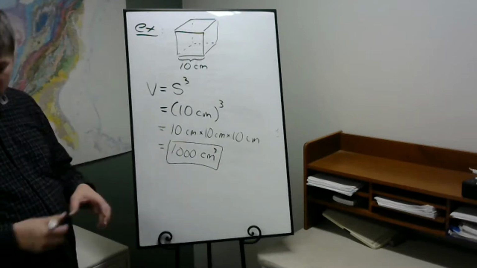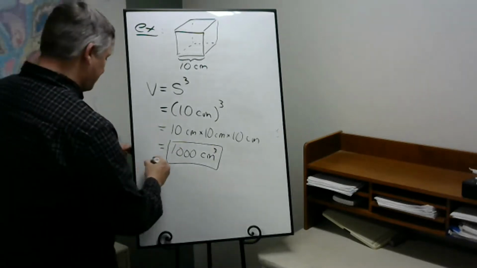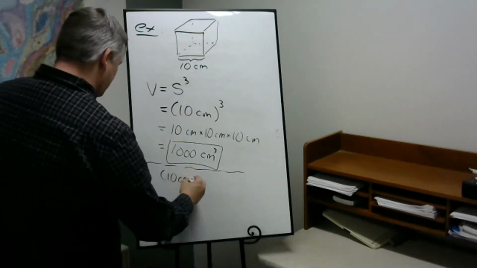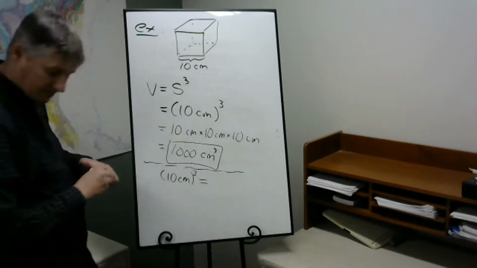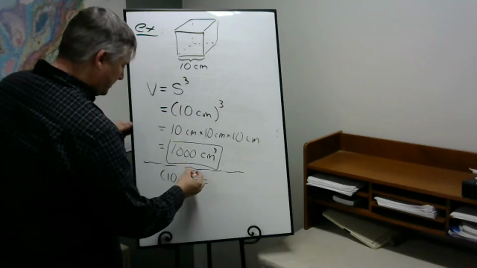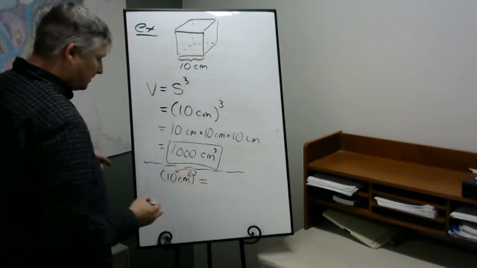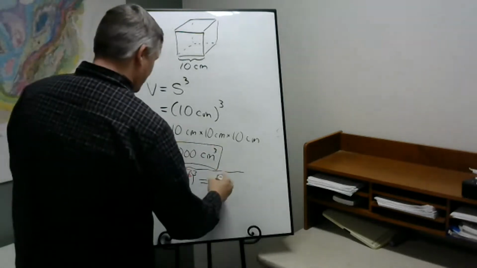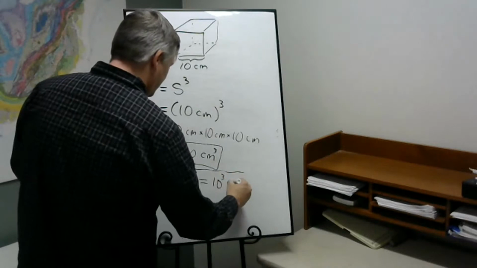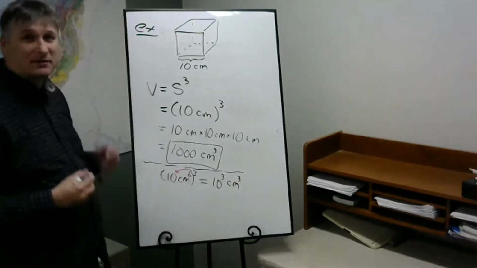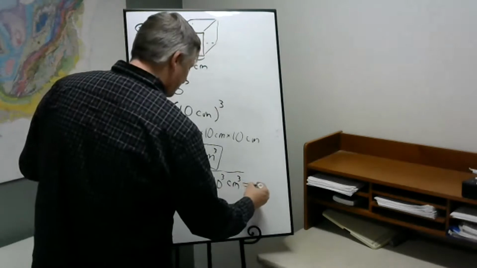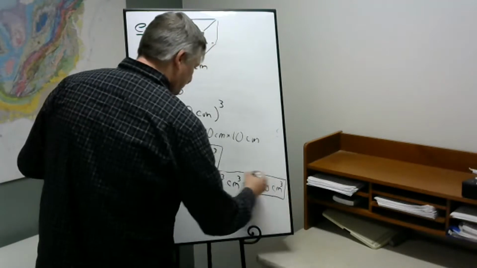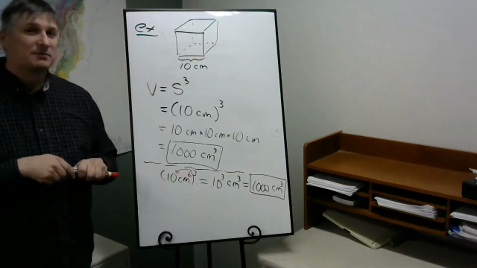Now, if you remember your exponents, the other way you can do this, you can distribute that 3, not as a multiplication, but as an exponent. So you get 10 cubed in centimeters cubed, and then 10 cubed is 1,000. And that's going to be your answer.